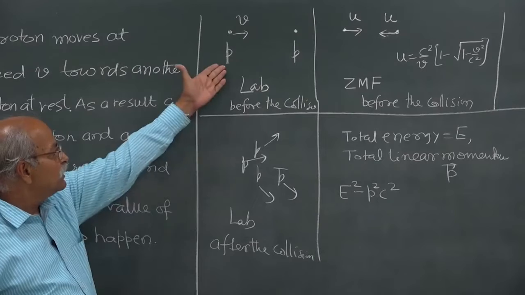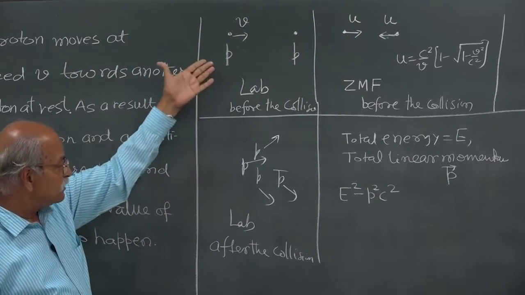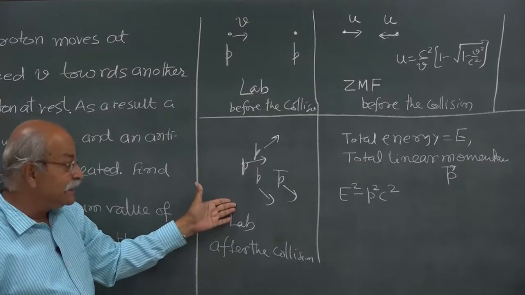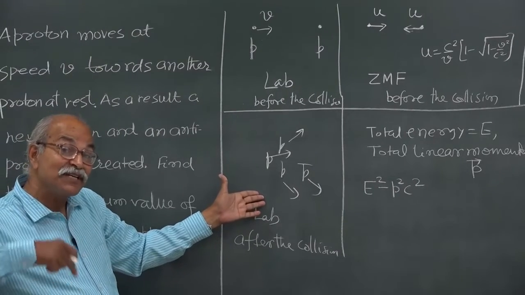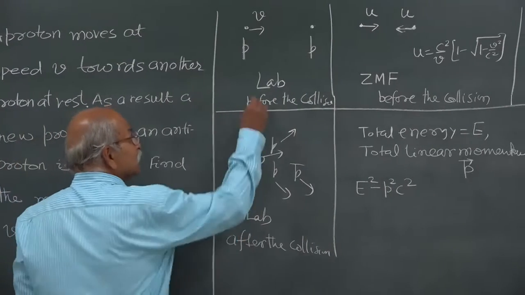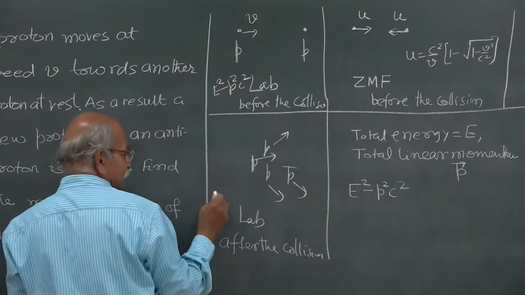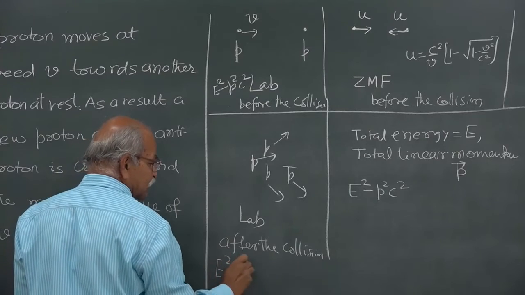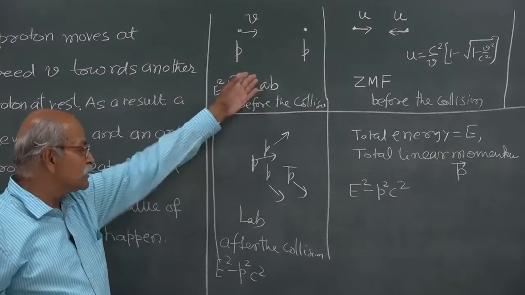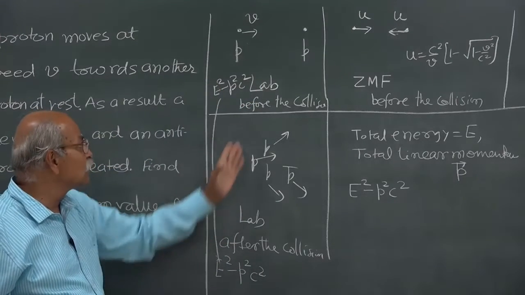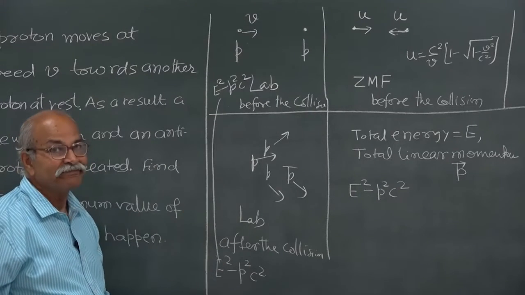If I go from the lab frame before the collision to the lab frame after the collision, E does not change, P does not change because of the law of conservation of energy and momentum, and therefore this E square minus P square c square here and this E square minus P square c square here must be the same. Before and after the collision, total energy and total momentum do not change, and therefore this quantity will remain the same.